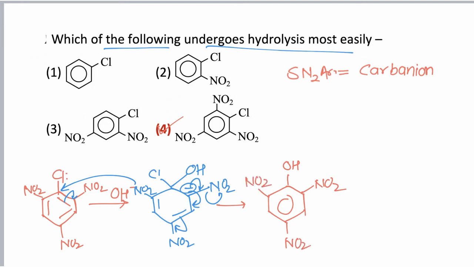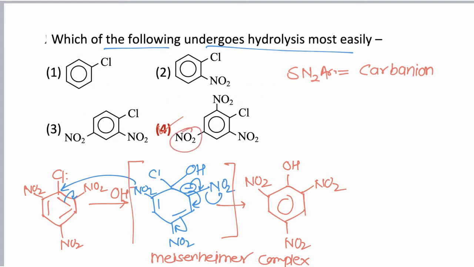So the rate of reaction depends on the stability of the intermediate. This is the Meisenheimer complex, and the rate of reaction depends on the stability of the Meisenheimer complex. This is a carbanion, and carbanions are most stabilized by electron withdrawing groups.